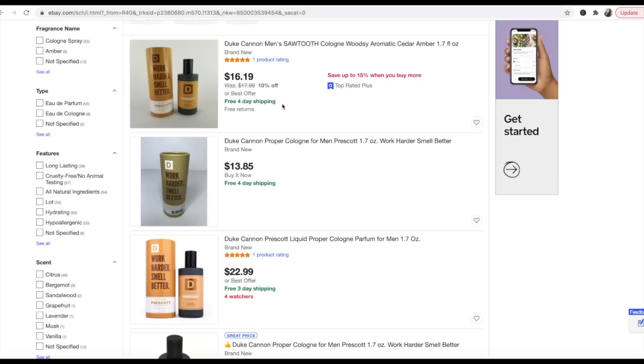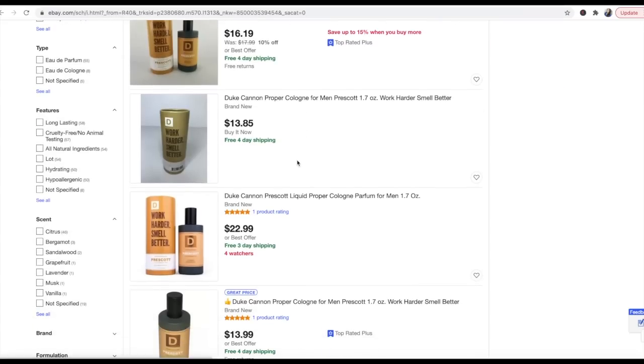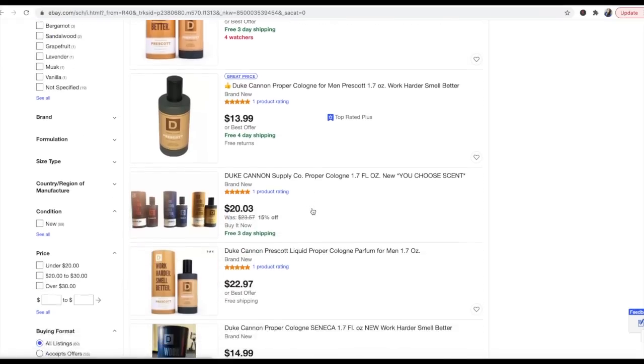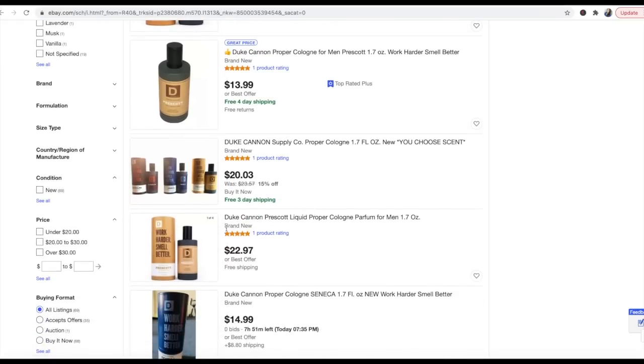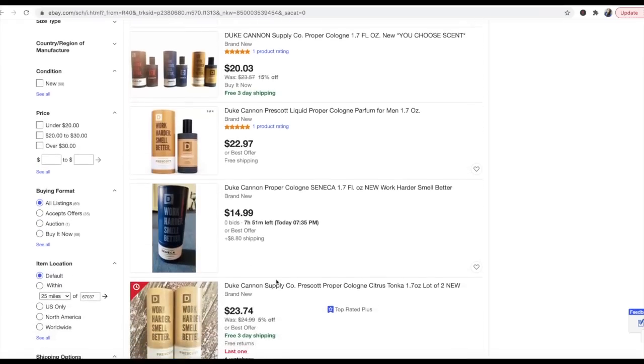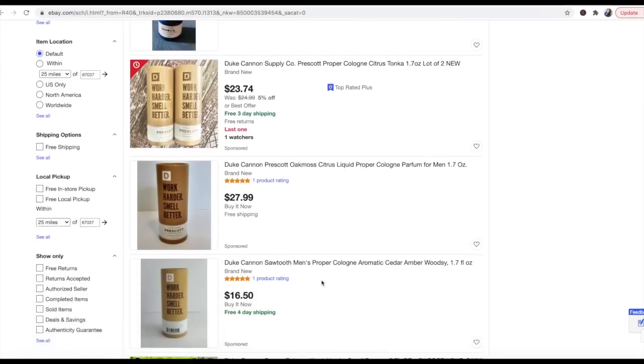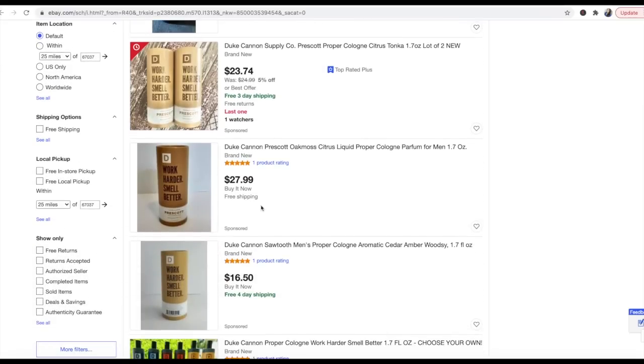So let's see here, we've got around $16 with free shipping, around $14 with free shipping, $23, $13.99, $20, $23, $24 for two of them, $28. I like the way this person is thinking. They're thinking go big or go home.